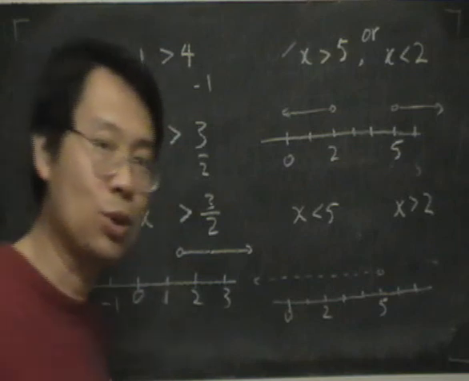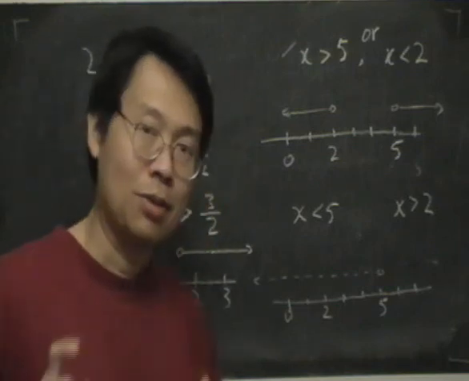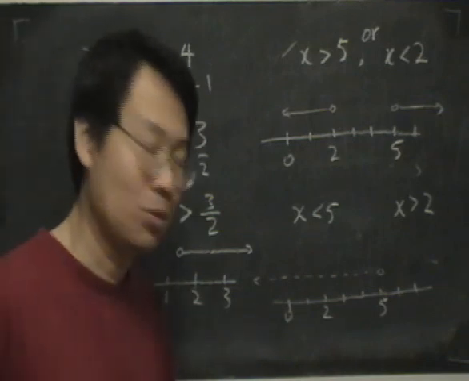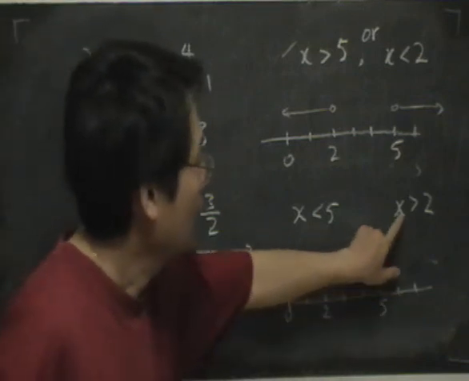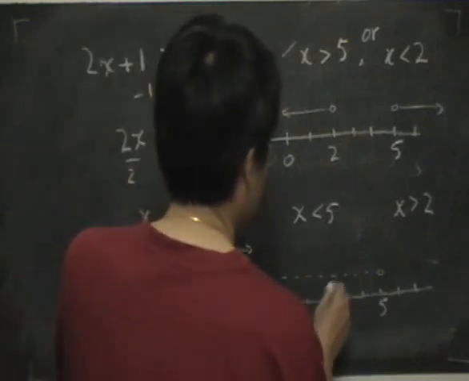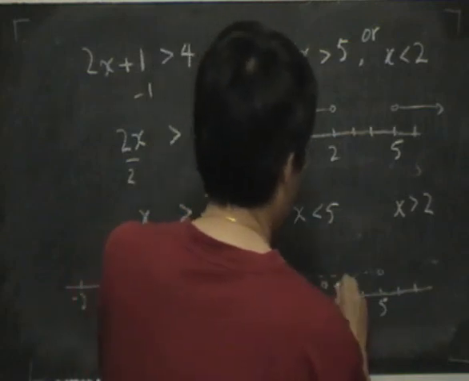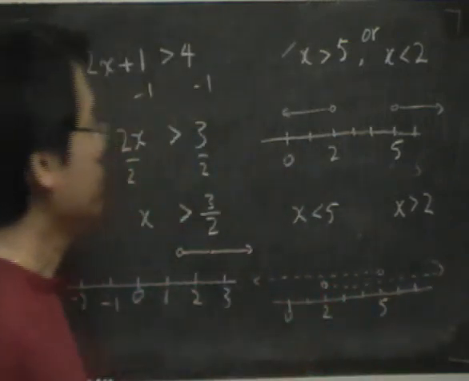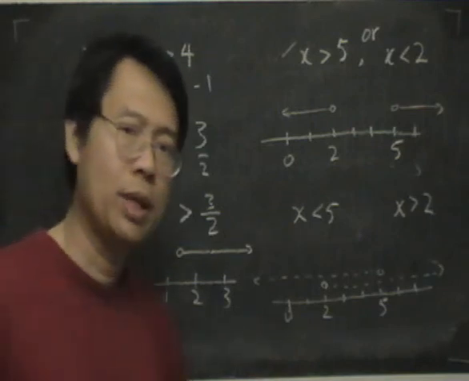Notice that I've used a dotted line. Now, you will see in a moment why I do that. x more than 2. 2 is here. More than 2 are the numbers to the right. So that's what we have.